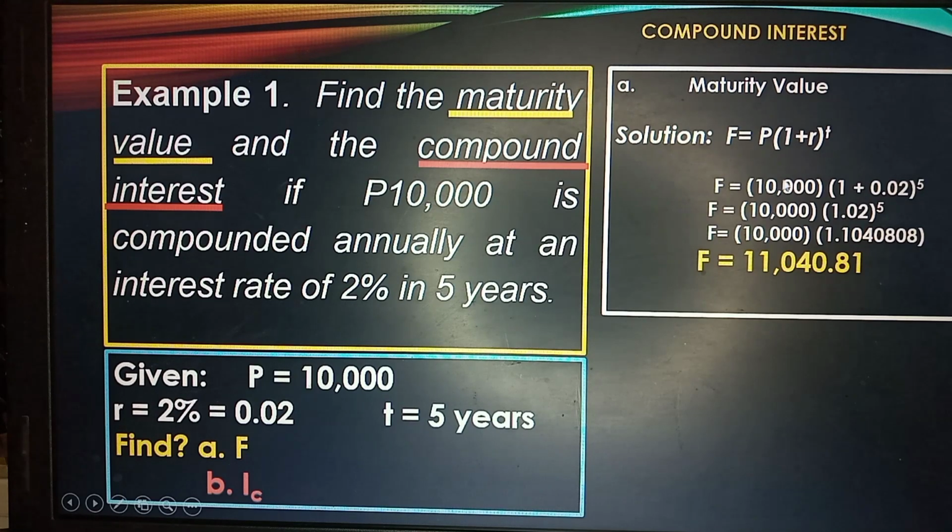Okay, so we have 10,000 times the quantity of 1 is the constant value plus 0.02 our rate to the 5th power. So just add this inside the parentheses, 1 plus 0.02, then to the 5th power. Then 10,000 times 1.02 to the 5th power, that is 1.104080.